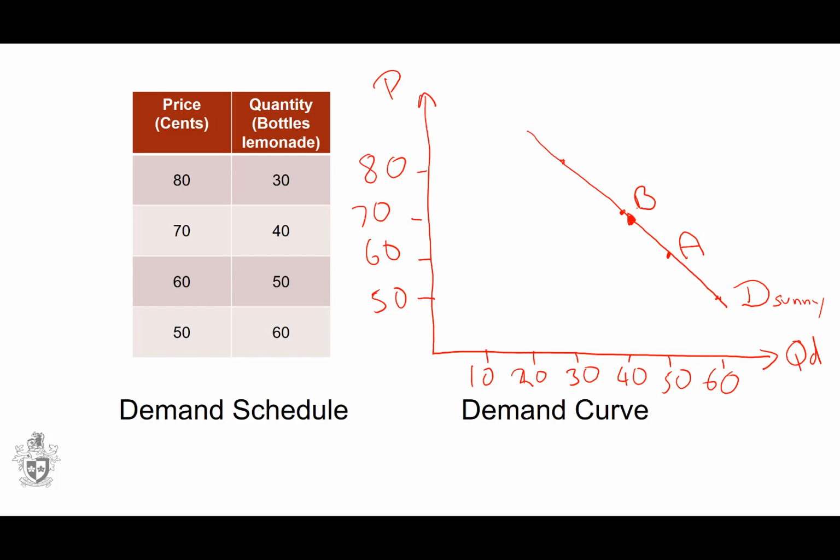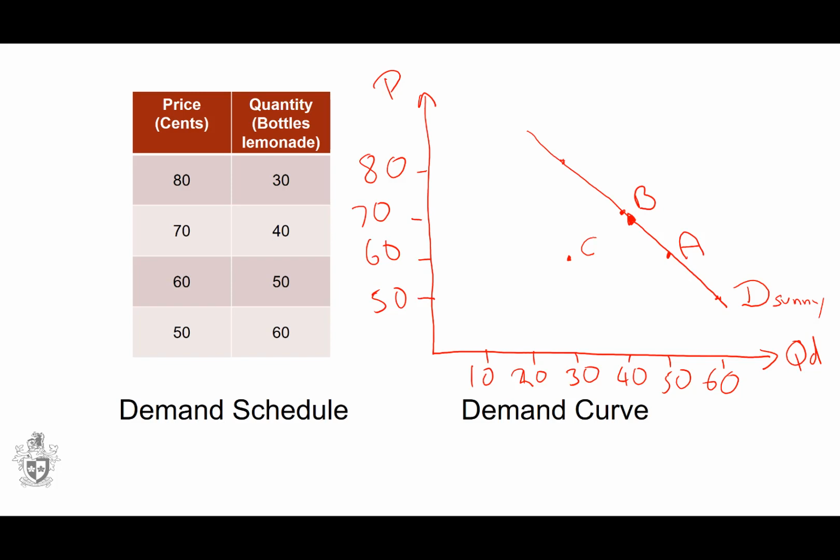Let's say that the price is 60 cents and it's an overcast day, and the quantity demanded is now only 30. We can put that point right here, we'll call that C. You can see that C is no longer on the demand curve. Rather, it's off to the left.